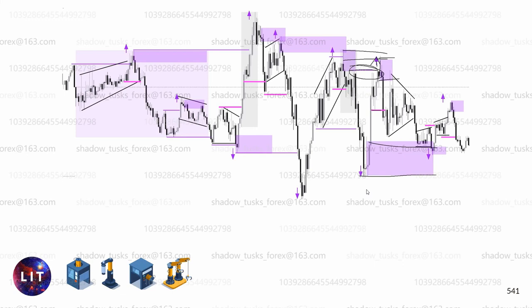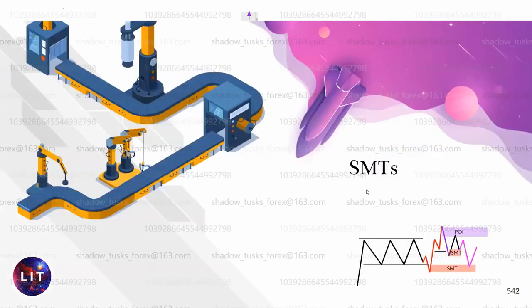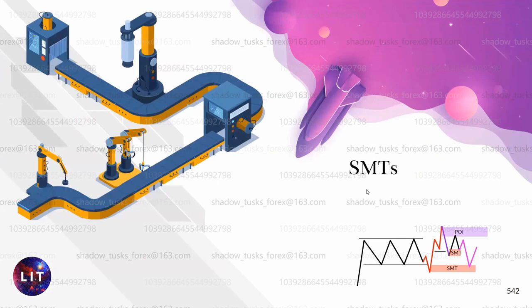All right, perfect. So now I believe we're going to be getting into not something new, like you've already learned it, but the next stages of the simplicity approach, because obviously what we taught you was not the complete simplicity approach. So next up is SMTs, smart money traps. We need to think just logically.